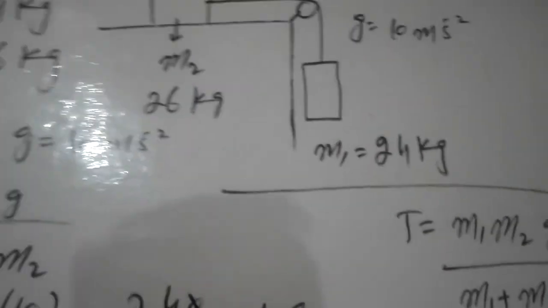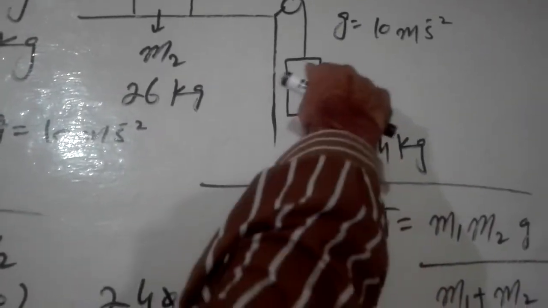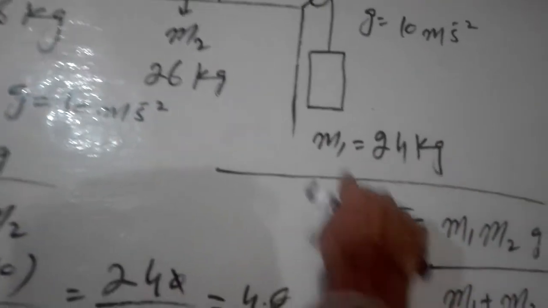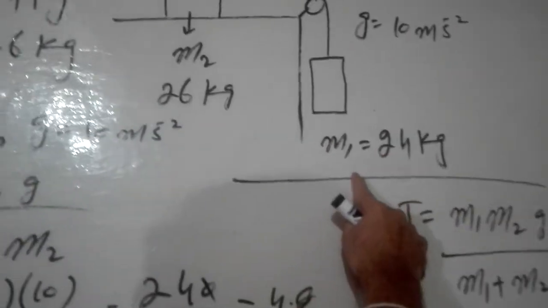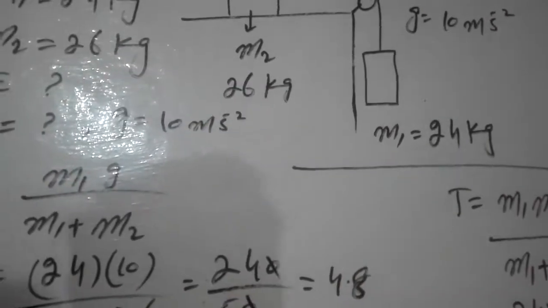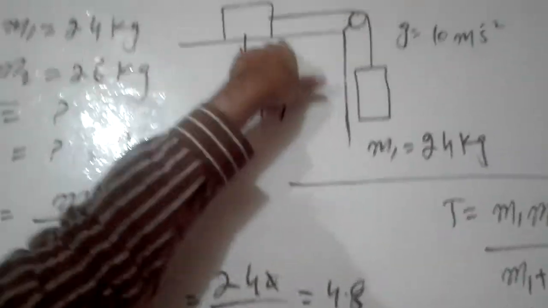In this case, you have to keep in mind that the smaller mass moves vertically downward. Like M1 is smaller as compared to M2, and the bigger mass you have to place on the horizontal surface.